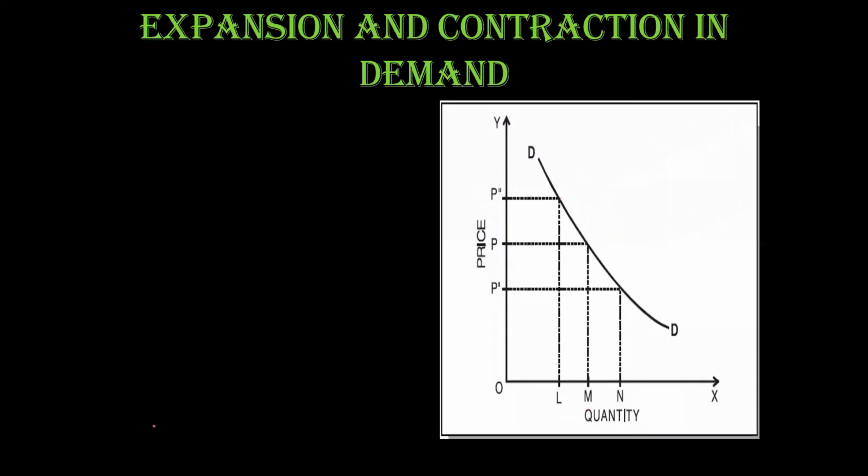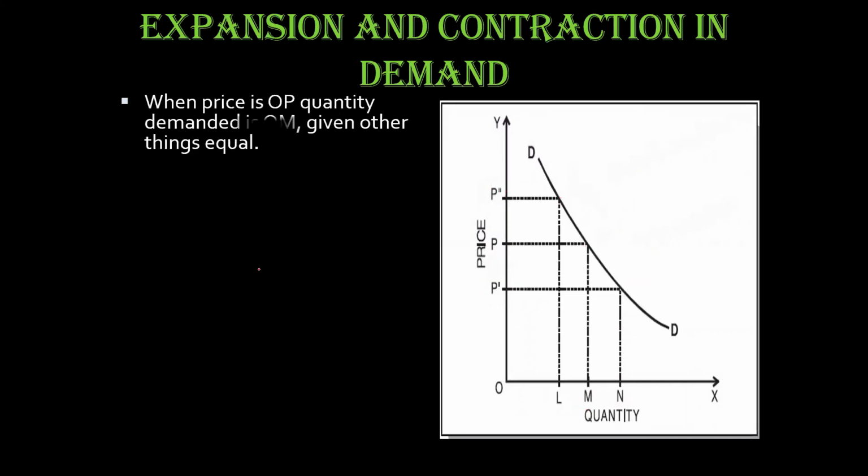What will be the effect of that? When price is OP, whatever we have discussed here, the quantity demanded is OM. You can see price is OP, quantity demanded is OM, other things being equal.